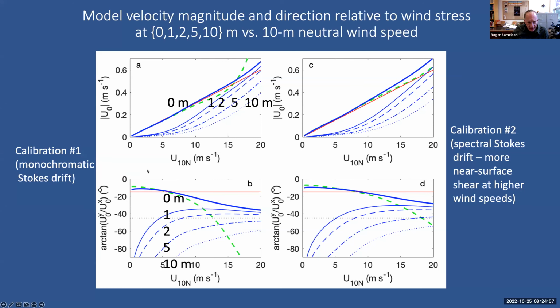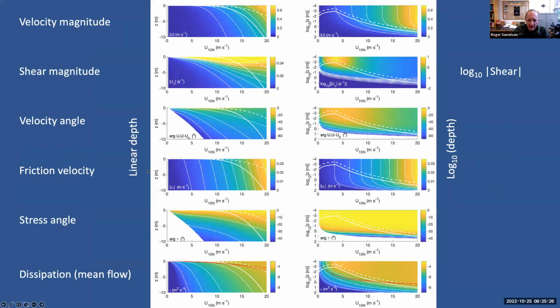And similarly, the surface velocity is somewhere near 15 degrees to the right of the wind out to about 10 meters per second or so, and then it gets closer to the Ekman value of 45 degrees, which is the dotted line in the lower panels, but it never gets past about 35 degrees or so, or less for the spectral calibration. So this gives you sort of one picture of what the model suggests.